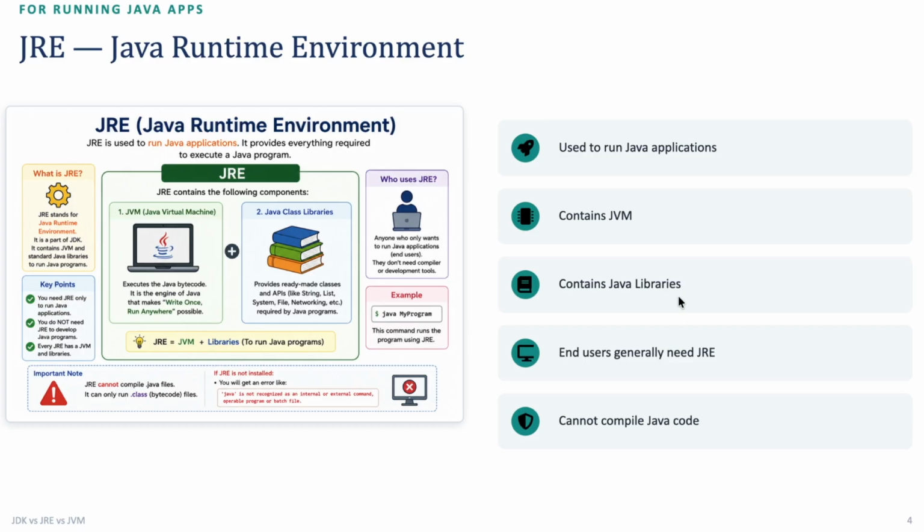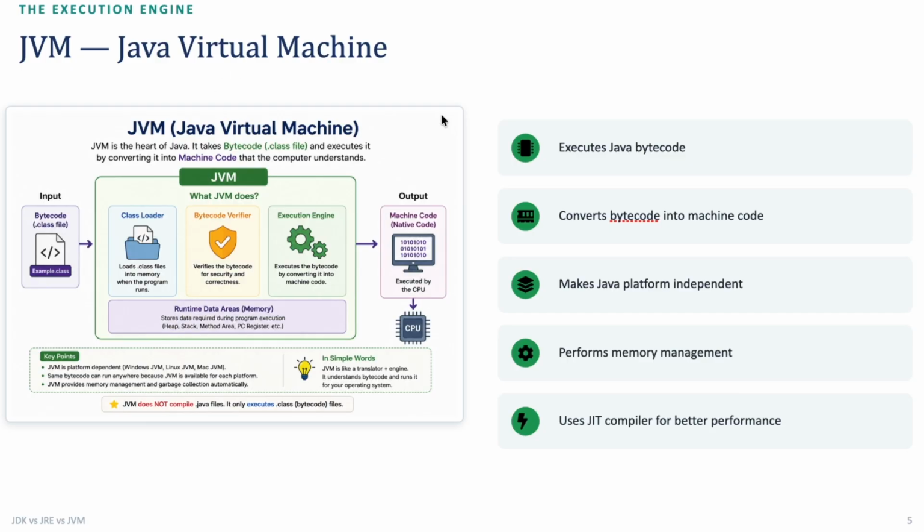We give the same code to all of them. Their Java Runtime Environment, with the help of JVM, will convert the bytecode into the machine language which their CPU and system can understand. So you don't have to face the difficulty of writing different code for Windows, different for Linux, and different for Mac. This problem will not be faced by you.